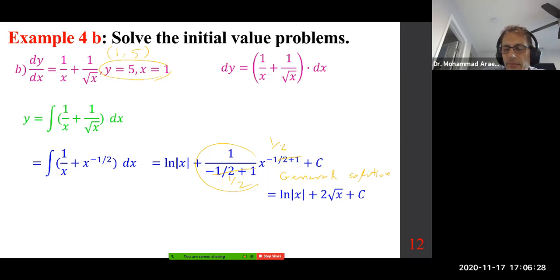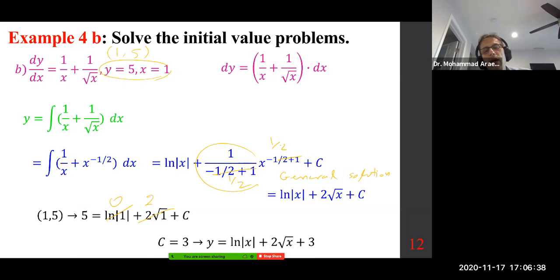And we get 5. I hope you know that ln 1 is 0, and this is simply 2, and c becomes number 3. And now this is a particular solution. Okay, very straightforward.